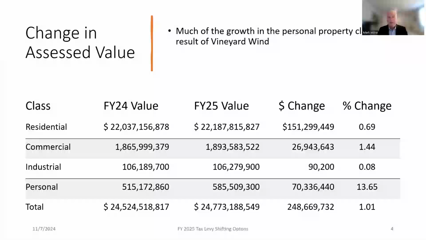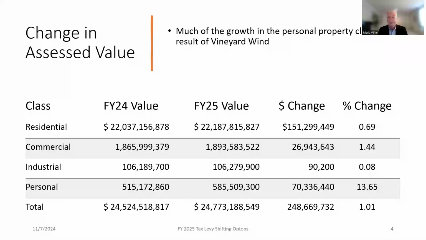As far as the change year over year in assessed value from FY24 to FY25, you can see that most classes of property stayed relatively the same, with some minor changes in overall value, with the exception of the personal property class, which saw almost a 14% increase in its assessed value. Most of that is a result of the Vineyard Wind infrastructure coming onto the town's assessed value rolls.